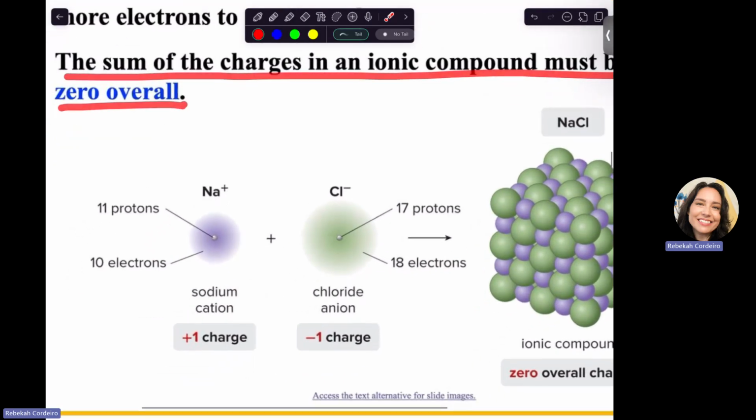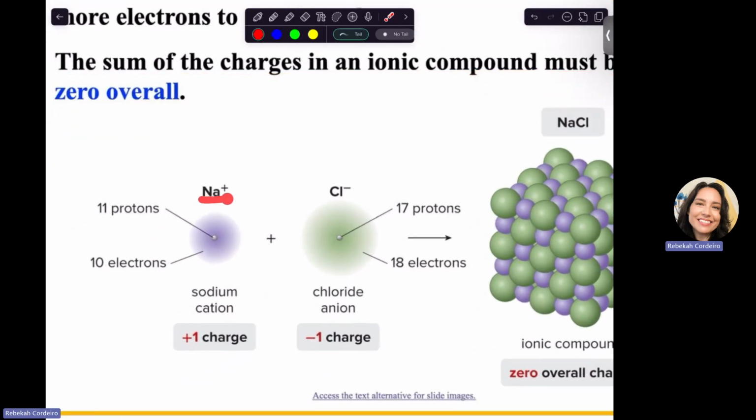So take a look. Sodium loses an electron. Where does it lose it to? Chlorine. Chlorine actually gained the electron. So we have an electron that transferred from sodium to chlorine. Let me draw a little diagram here.